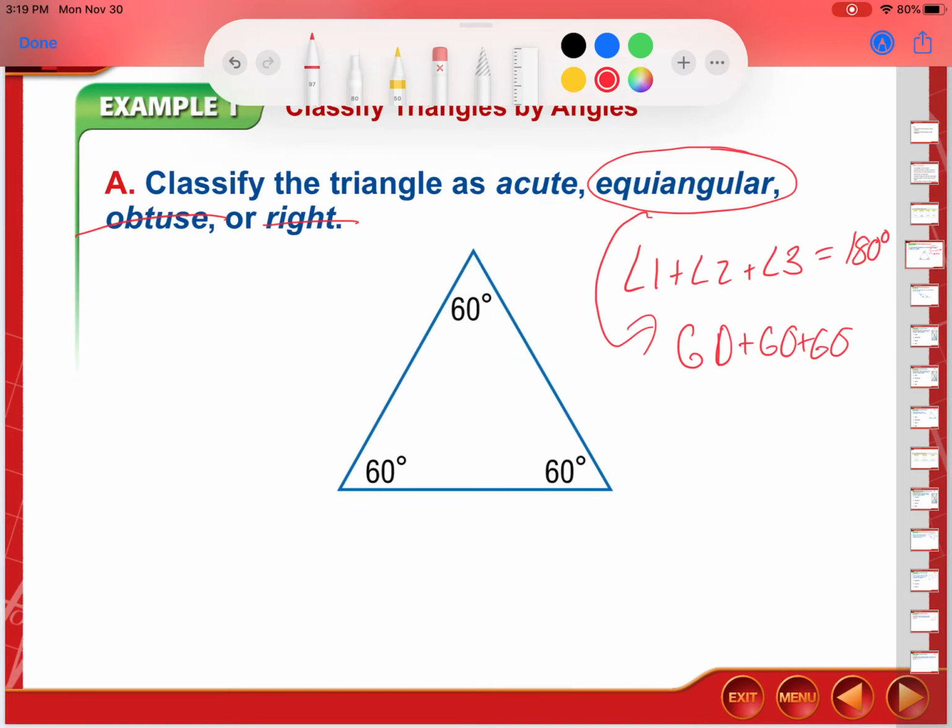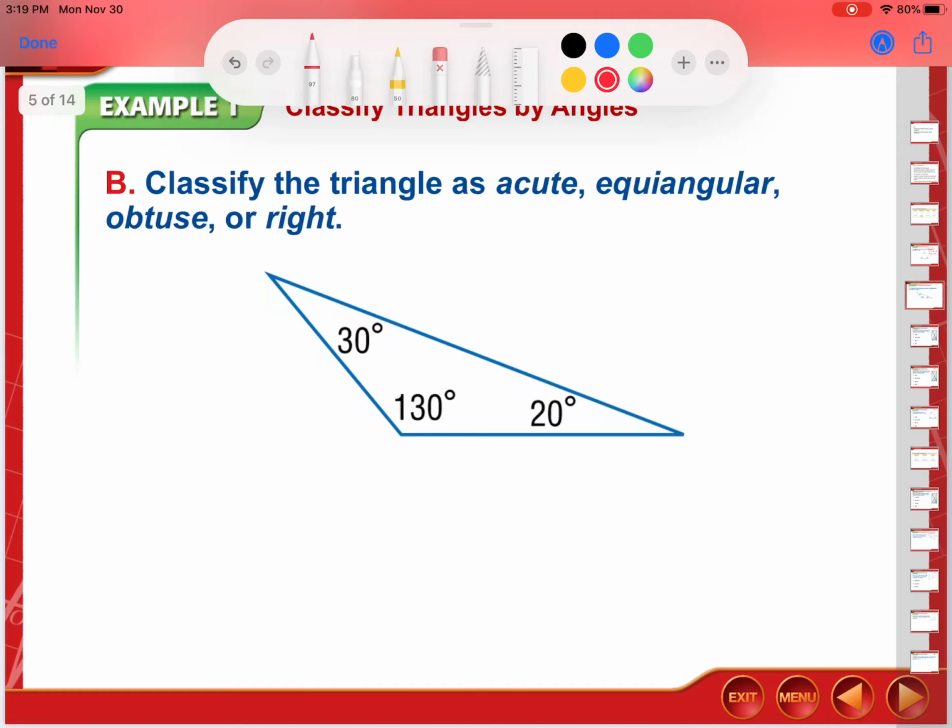So the answer I would give for this one is equiangular, just because it's more specific. You could say acute and you wouldn't be wrong, but equiangular would make you more right.